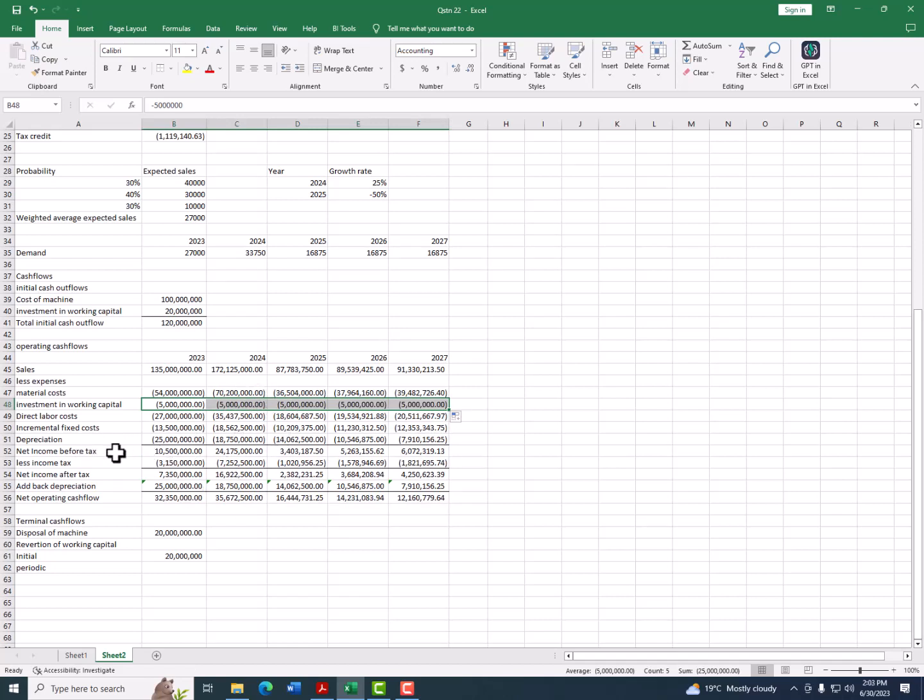The figures for net income, because net income, we used the formula we calculated as the sum of this whole column, and therefore when you add the negative 5 million, it automatically updates itself. Same to the tax, same to the operating cash flow, and so on and so on. So that is the beauty of using cell referencing.